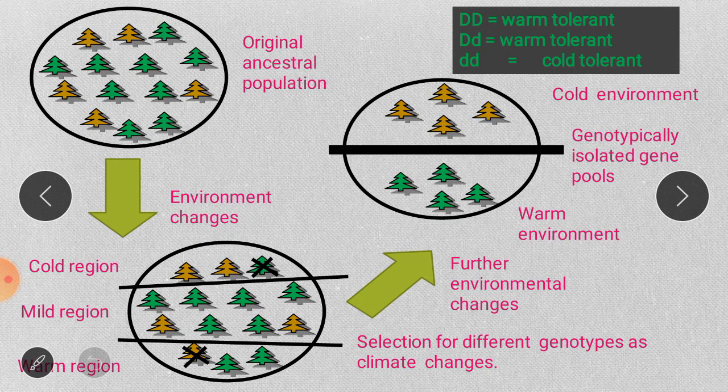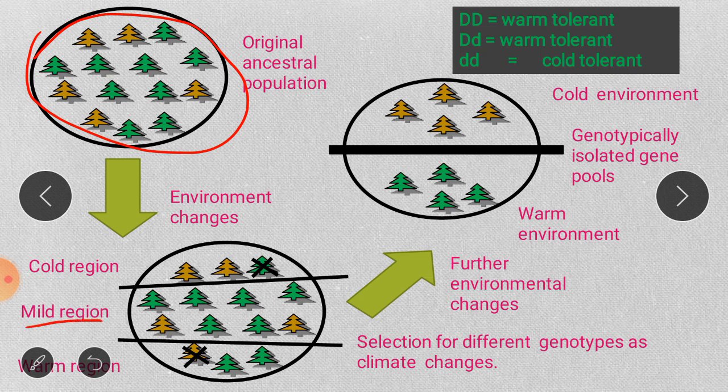So here we have another example. You can see we have an original population which consists of green colored plants and orange colored plants. Environmental changes take place. This population is going to be divided into cold region, warm region and mild region.